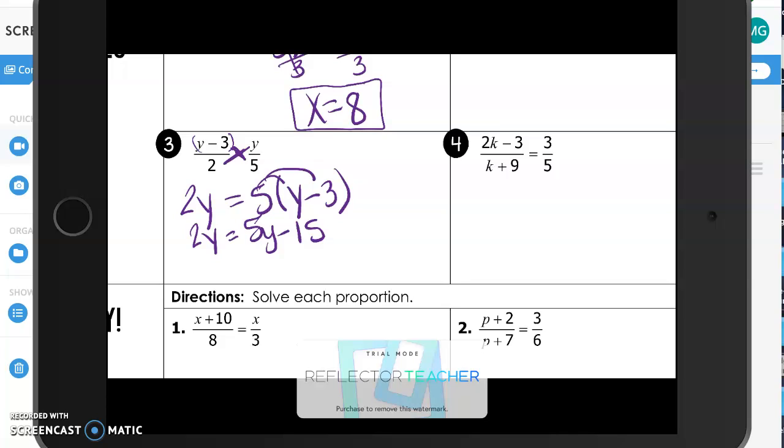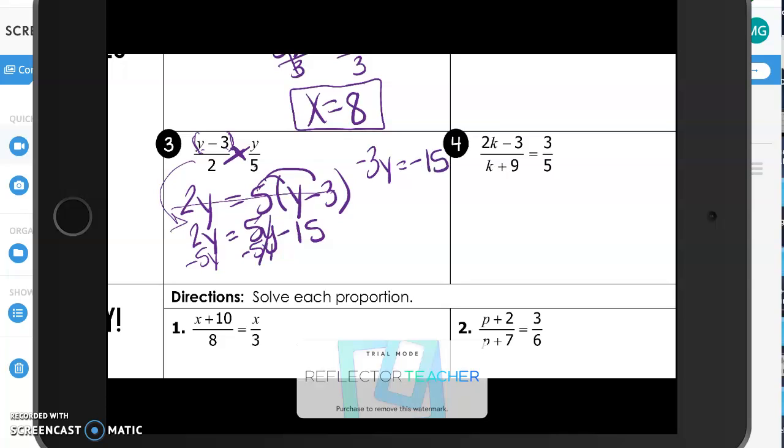So again, if you're able to remember that you need to multiply 5 by both of those things, then you don't have to write this first step down. You could go right to this. So then I would move my 5y over, so I'm going to subtract 5y, then I'm going to rewrite it up here. 2y minus 5y is negative 3y, equals, make sure you write down negative 15.